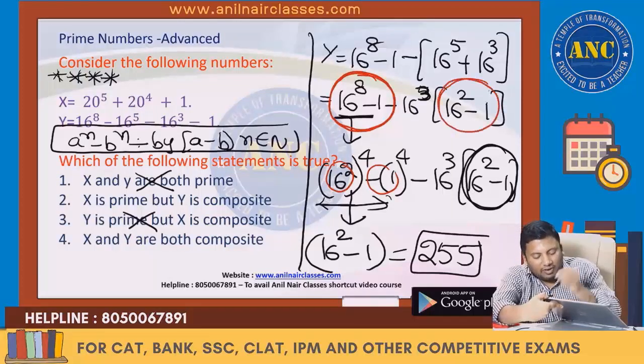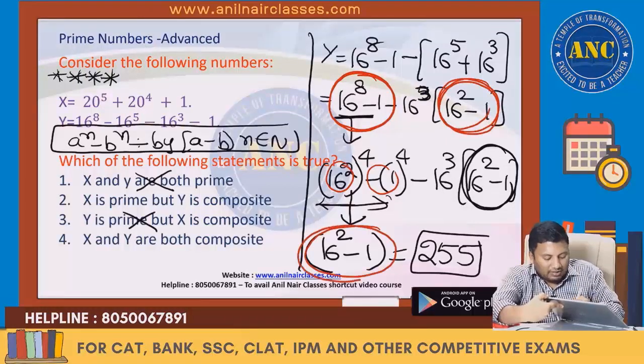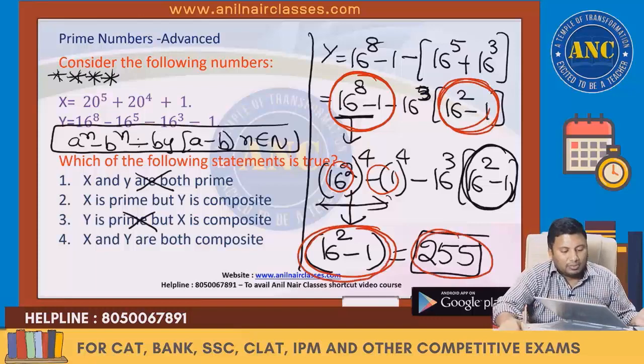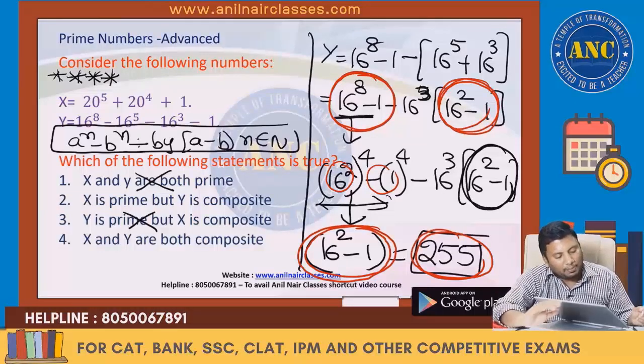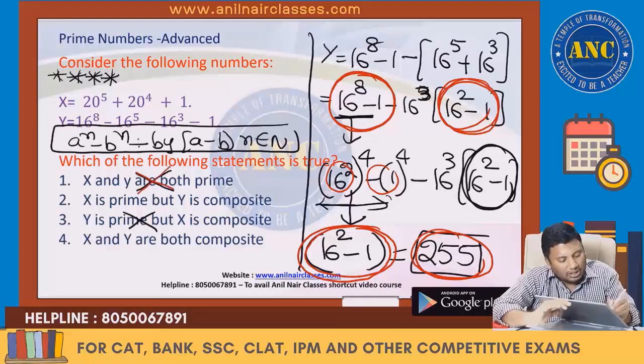This entire value is divisible by a minus b. So in total it is divisible by 256 minus 1, that is 255. So the answer is divisible by 255. How can it be a prime number? So the first option is out.